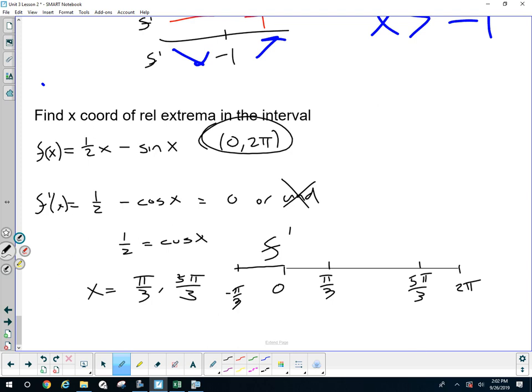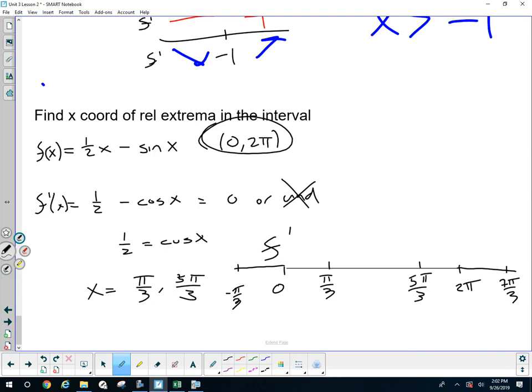So though I have a starting point, it actually can be a test point in terms of the sign on my interval. And the same thing, I could actually go beyond 5 pi over 3 and get to 7 pi over 3. That would be the next solution there. So 2 pi, though it is my end, it also could be a test point.